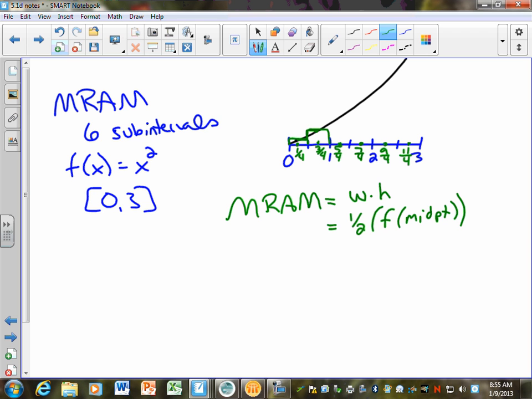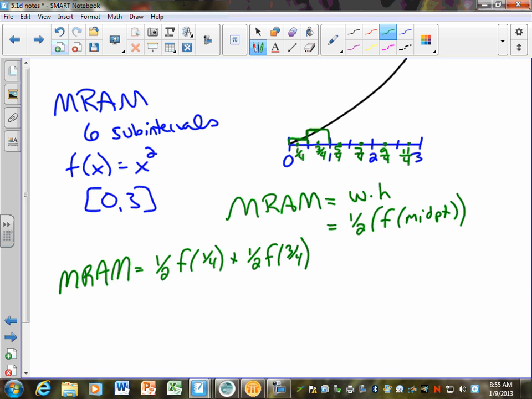But I'm not going to draw all these in. And so I can say that this is going to equal 1/2 times f of 1/4 plus 1/2 times f of 3/4, and I'm just going to go through for all 6 of those rectangles. It'd be nice if they only made us do 3, right?